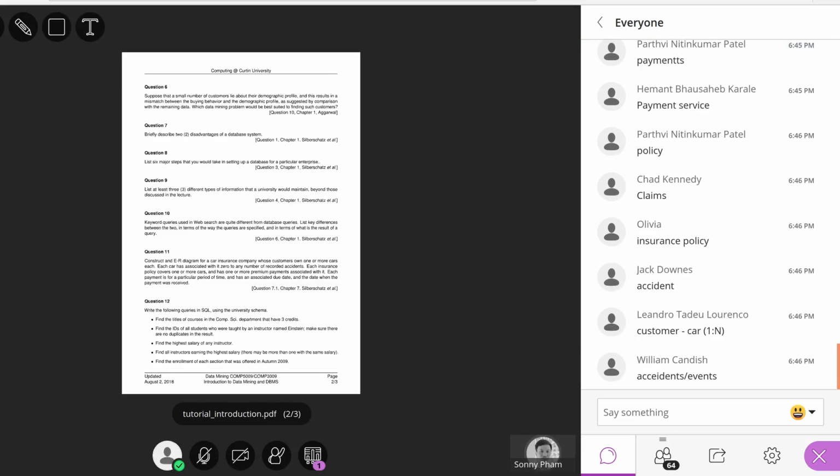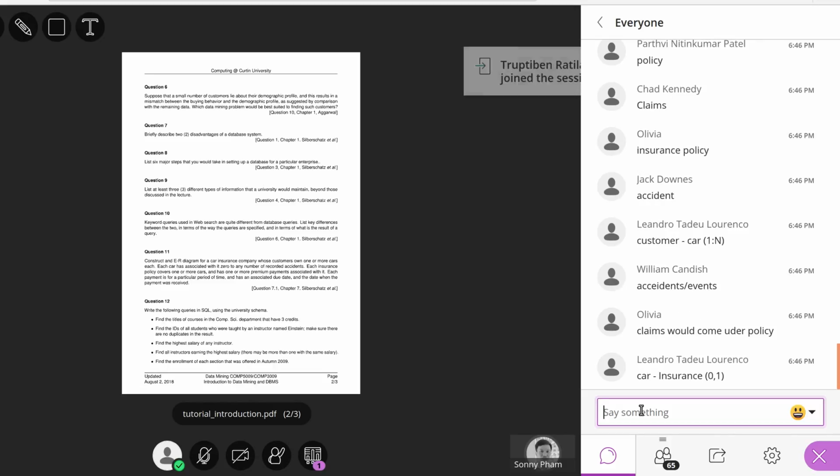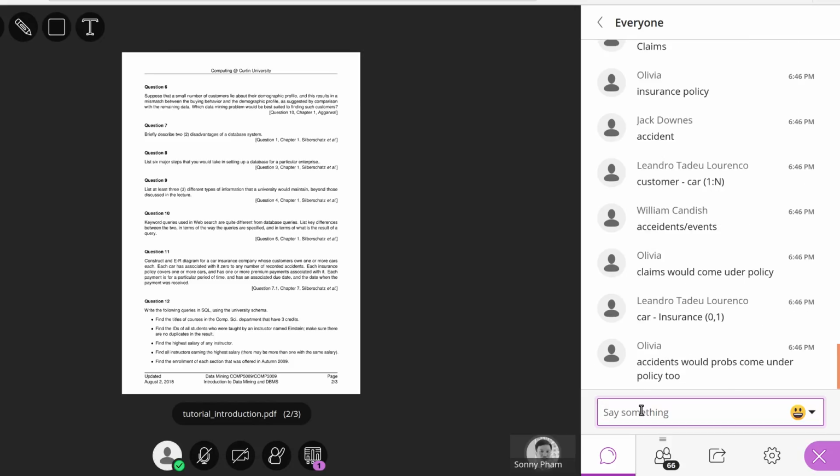If you ever have a car and you have insurance, it always gives you something called a policy, and every policy has some identification number with it, right? You have a number. The claims, I think, should actually be part of the payment or under the policy, right? I'm not sure if claims should be a separate entity.